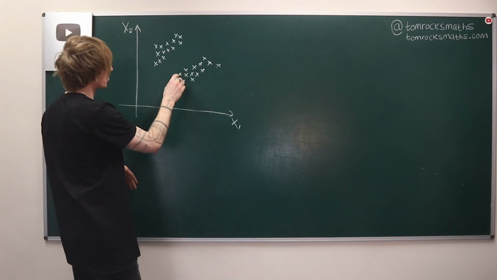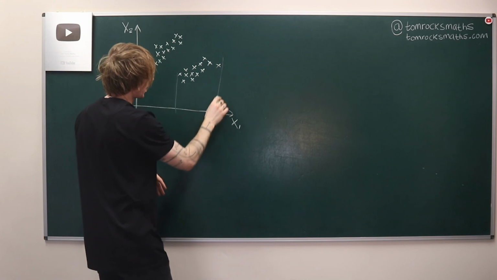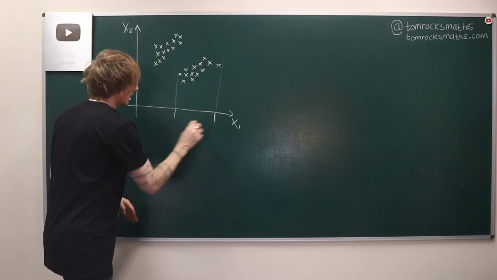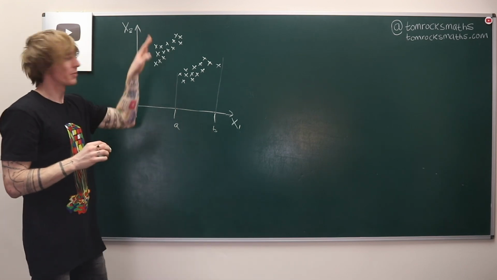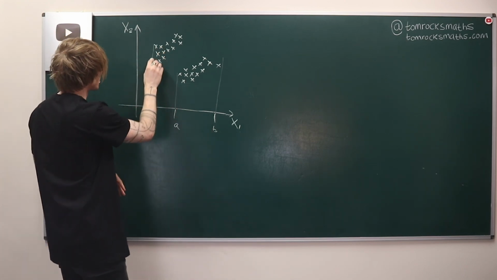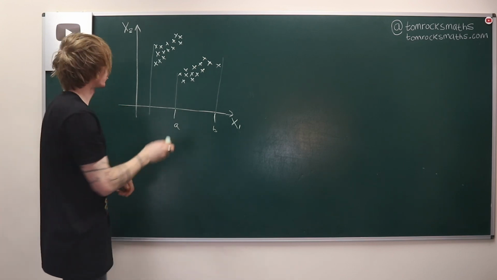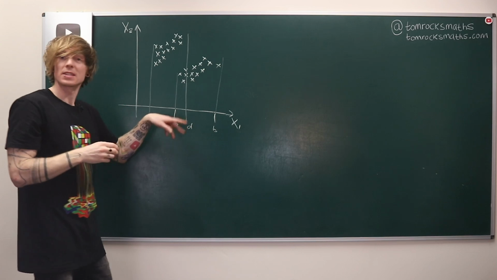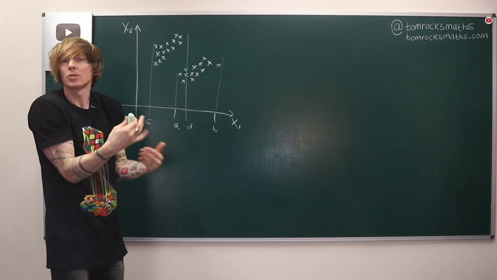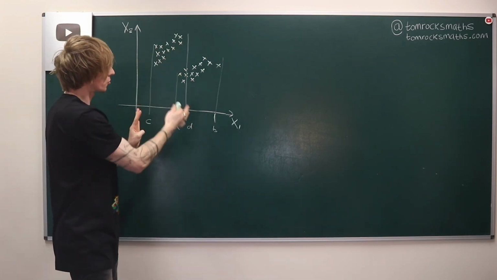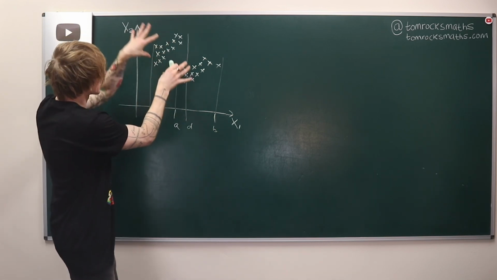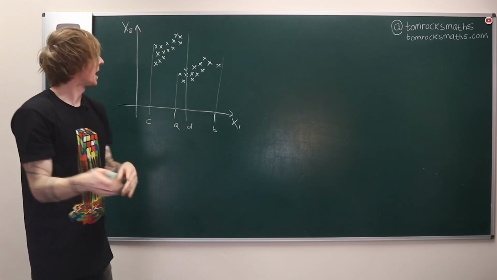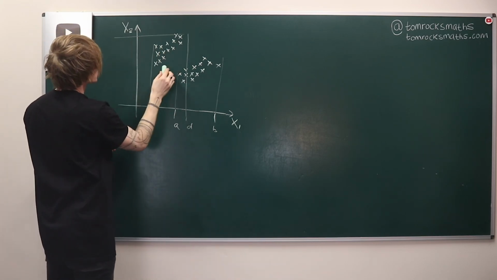For example, if we were to take this data and flatten it onto x1, we would see a range of values between, let's call them A and B. And if we were to take the other group and look at the x1 value, we would again see between C and D, but we have this overlap between A and D. So there's no clear distinction between the two groups based on x1, despite them very clearly in this representation being distinct groups. And we'd see the same thing over here on the x2 axis.